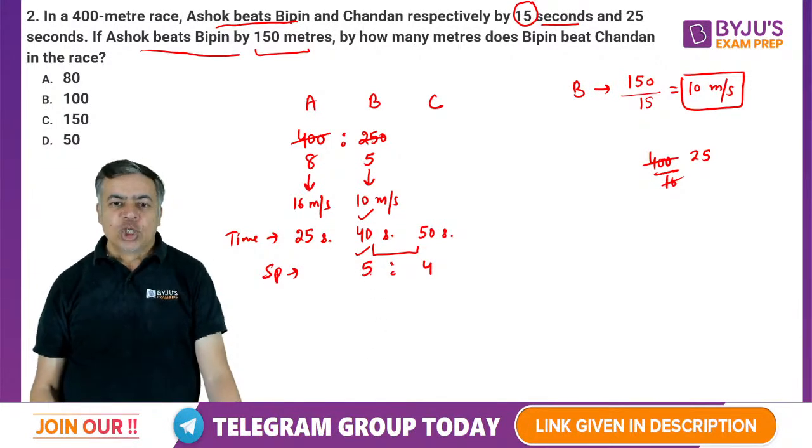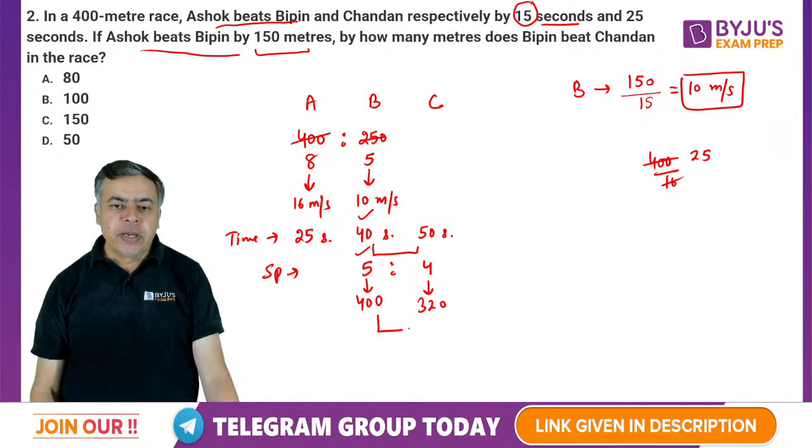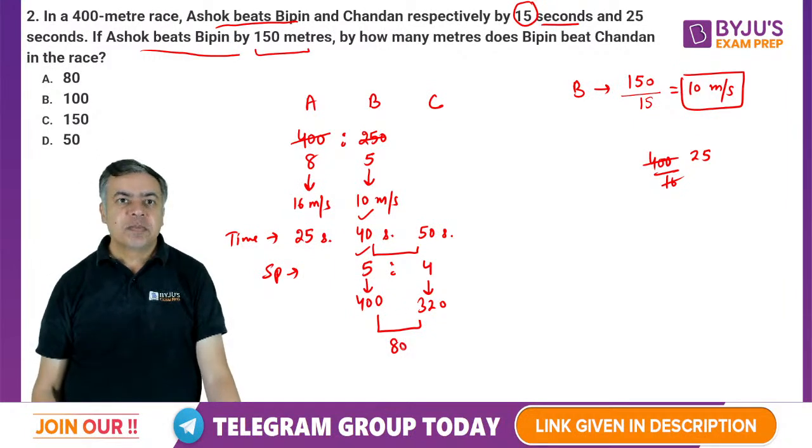So when B covers 400 meters, 5 into 80, C must be covering 4 into 80, 320 meters. So that means B will beat C by 80 meters.